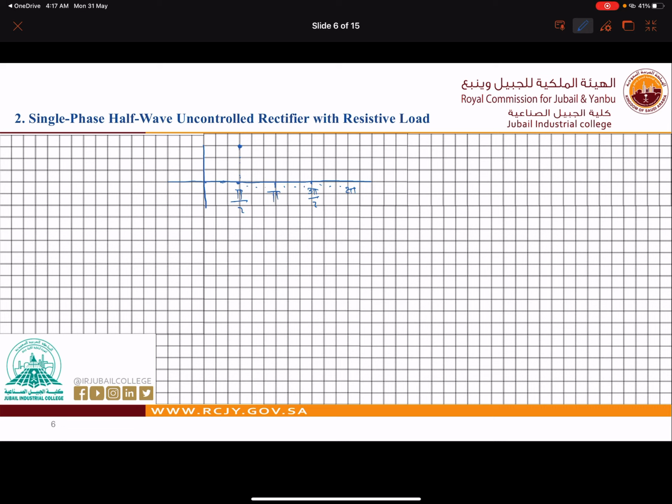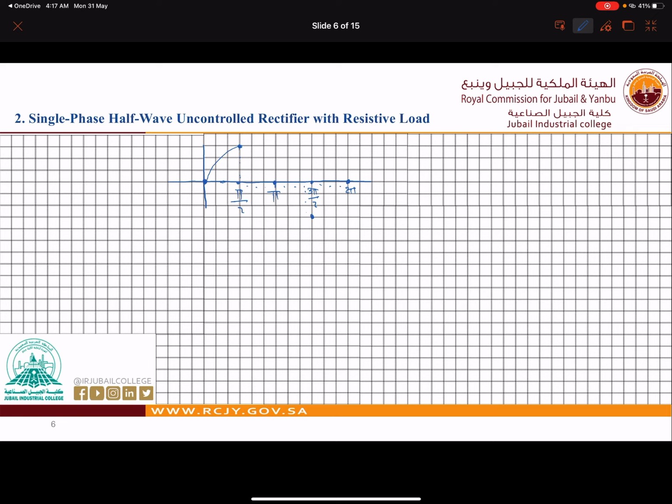Now of course here will be 0, and it will start from 0, right? And here we will have our negative peak value. So this is 1, this is 2, this is 3, and this is our negative peak value. And of course it will return to 0. So we can draw like this from up to down.